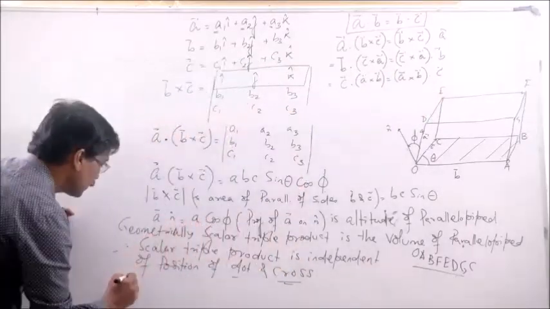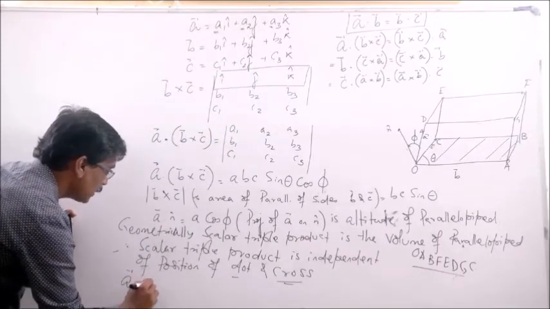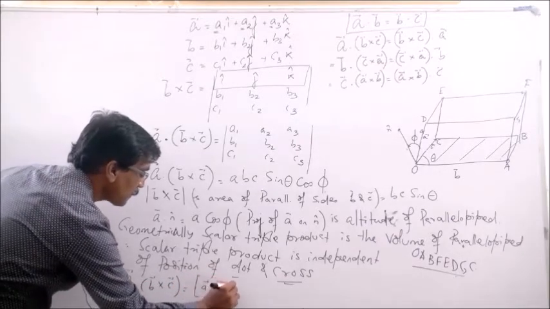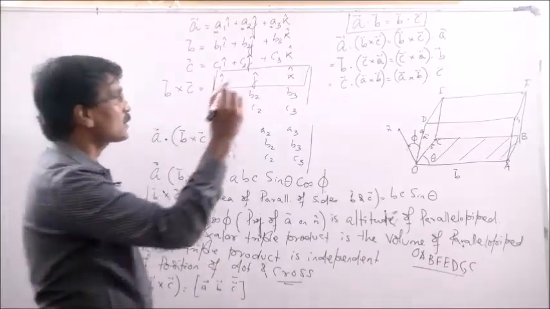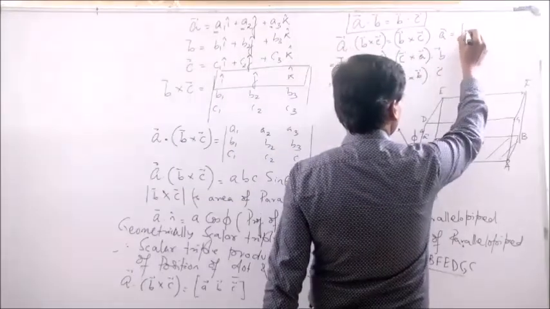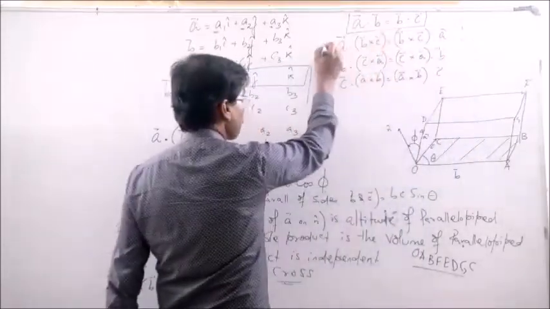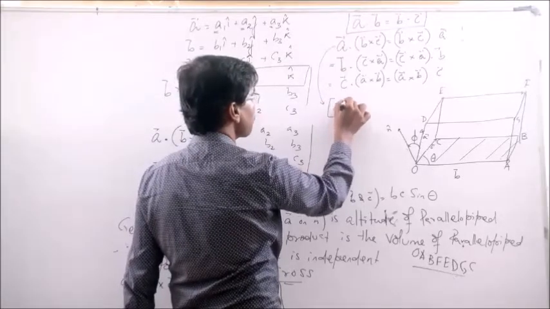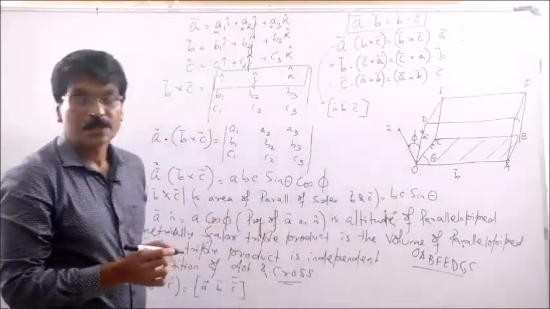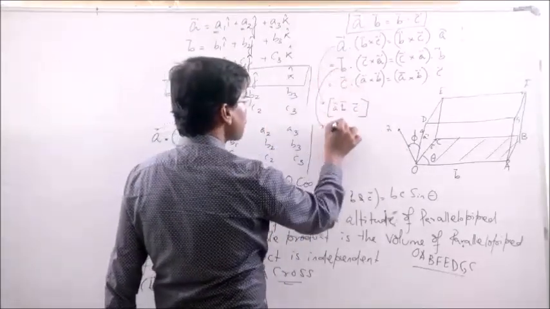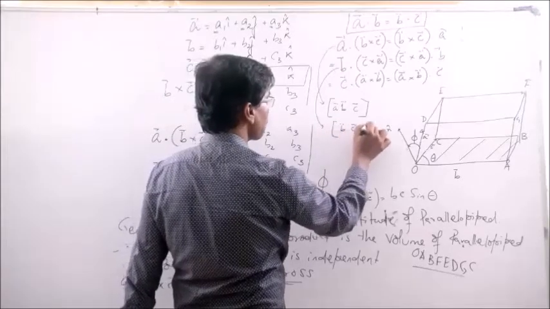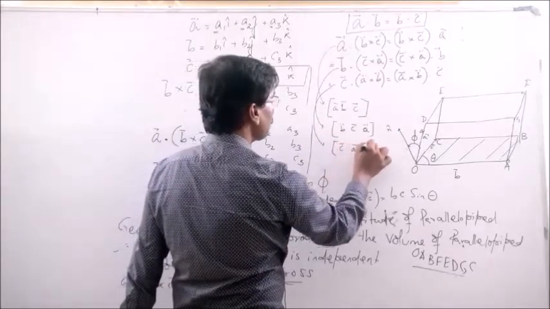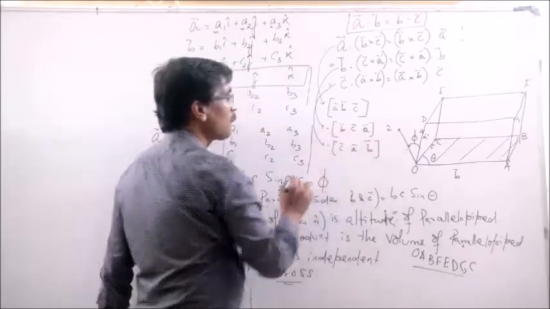So, that means we can represent A dot B cross C simply as the square bracket A B C. The first quantity is A B C, the next one is B C A, and the third quantity is C A B, and all these are equal.